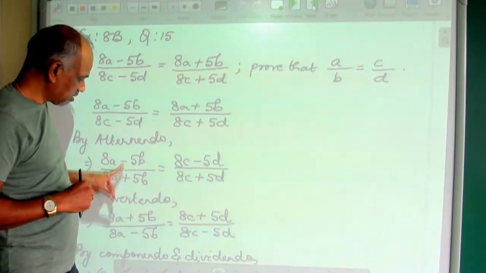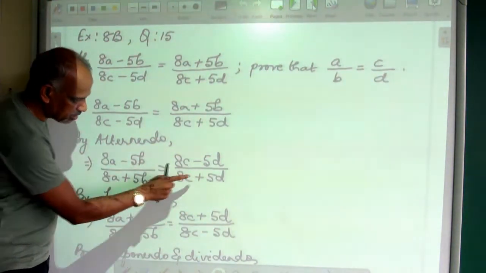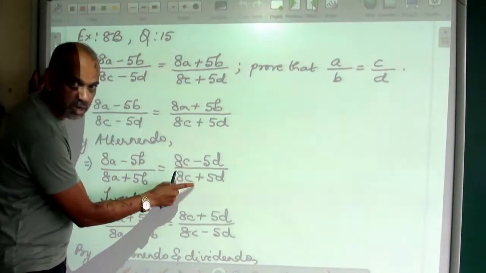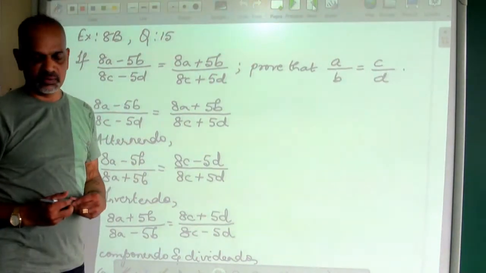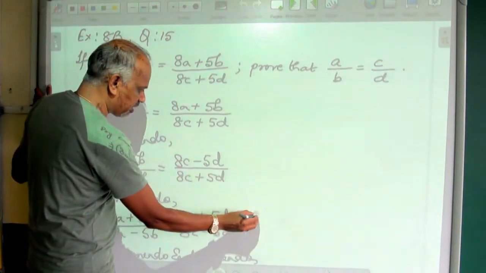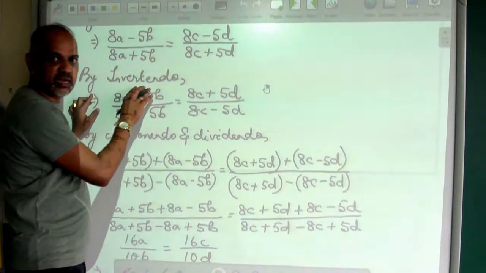But here is the opposite. So which means this has to go up, this has to come down, this has to go up, this has to come down. That property is called invertendo. So the next property that I am going to use to change this is by invertendo.